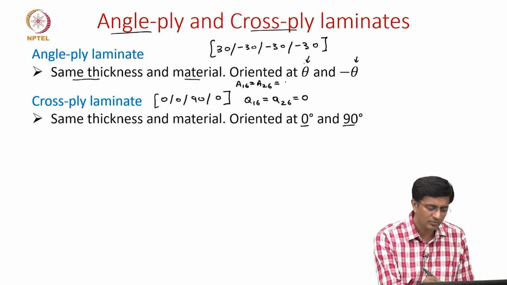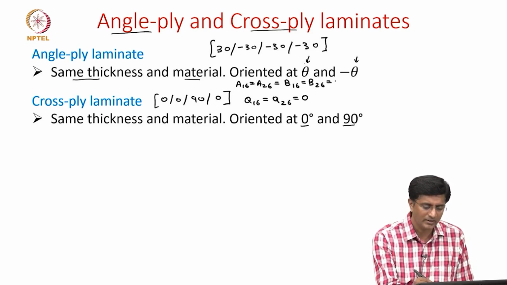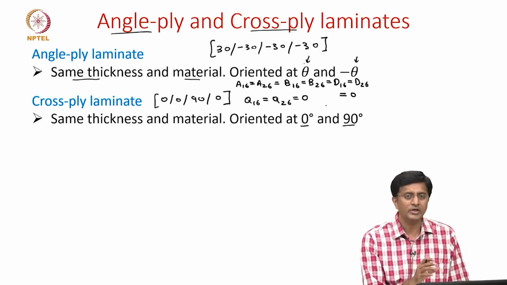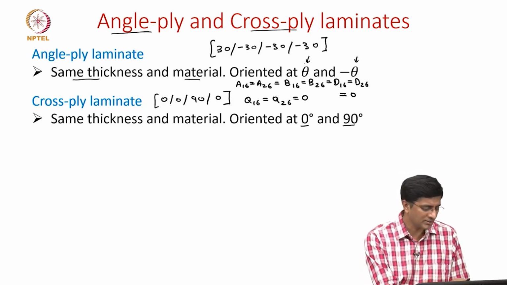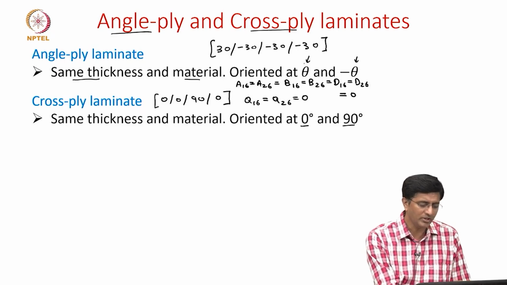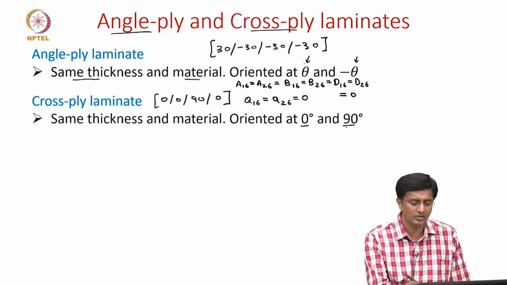Similarly, B16 and B26 terms go to 0, and similarly D16 and D26 terms all go to 0. So some of these couplings, like the extension-shear coupling or the bending-twist coupling, do not exist in a cross-ply laminate, solely because we are only focusing on either 0 or 90 degrees.